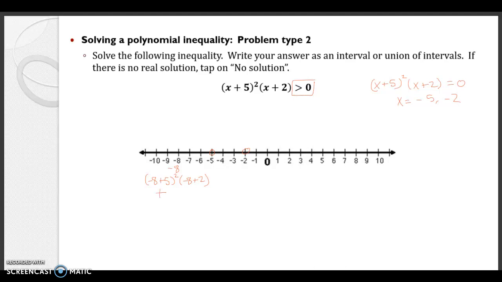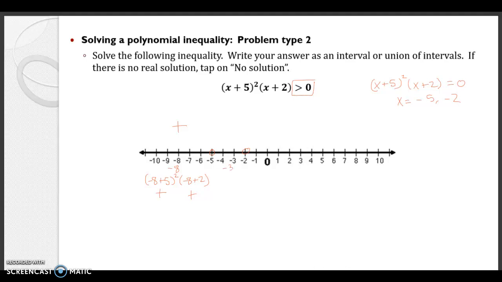And then -8 plus 2 is a negative as well. So this interval from -infinity to -5, I have a positive, which means that my function is above the x-axis.